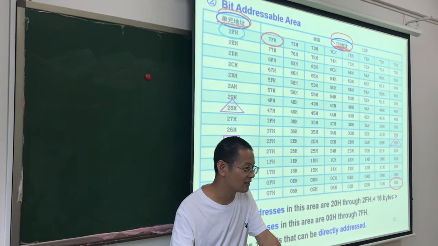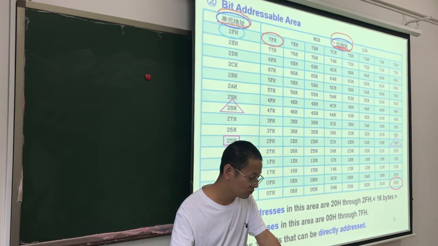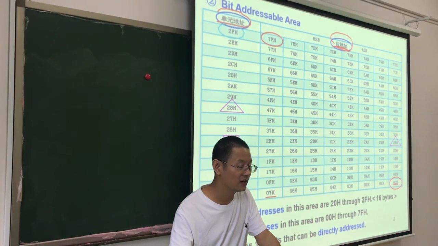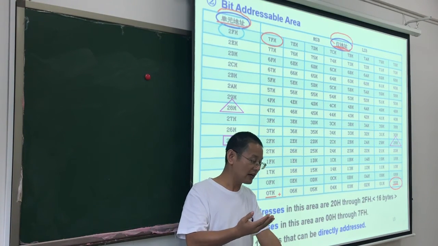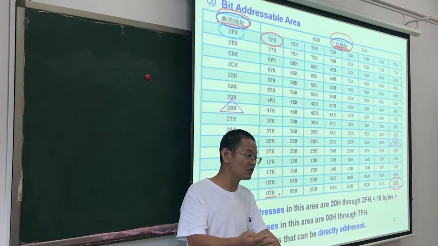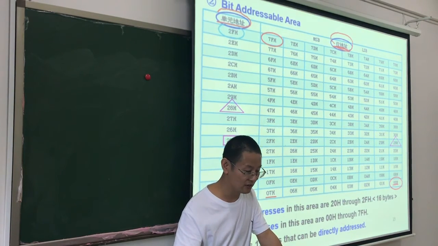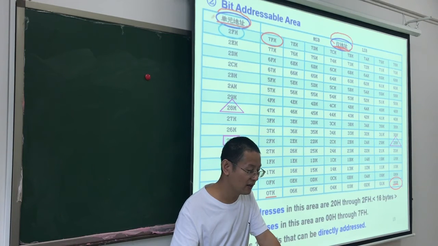You can access the memory just from 00H to 07H according to the 20H byte address, or you can use the bit address 00 to 07. If you use a different address, you access the same location. This is special for you to use byte address and bit address.